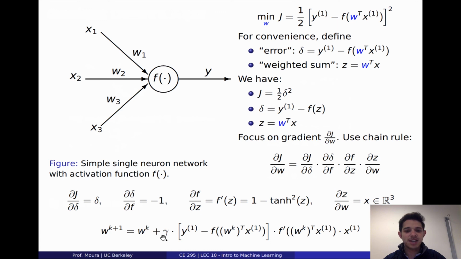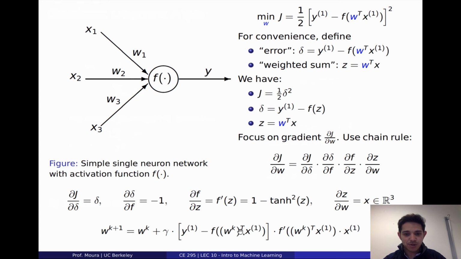So now what I've done is just written this all out and written out my gradient descent iterations as follows. So we have w_{k+1} equals w_k plus gamma times the negative of the gradient here.